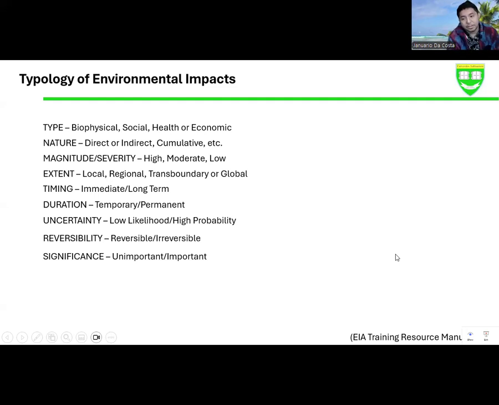Reversibility is talking about whether the impact that is occurring is reversible or not. If it's reversible, for how long? If it's irreversible, then what mitigation measures do we need to put in place to prevent the irreversible impact? And the significance is usually classified as important or unimportant.